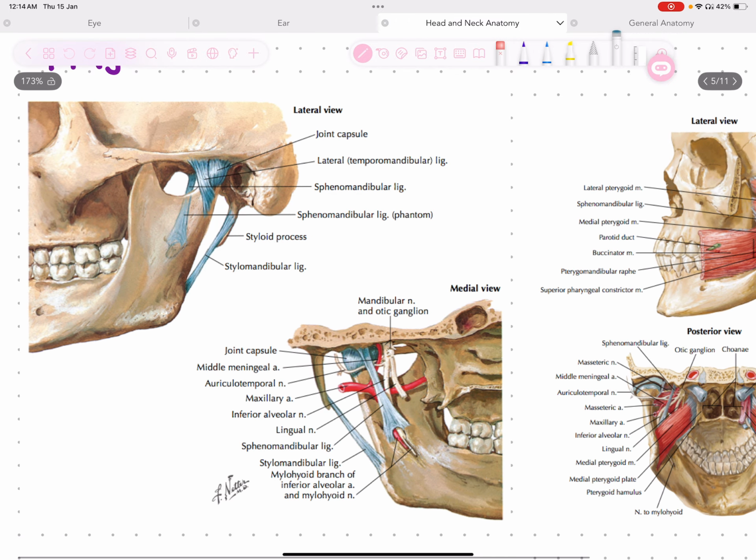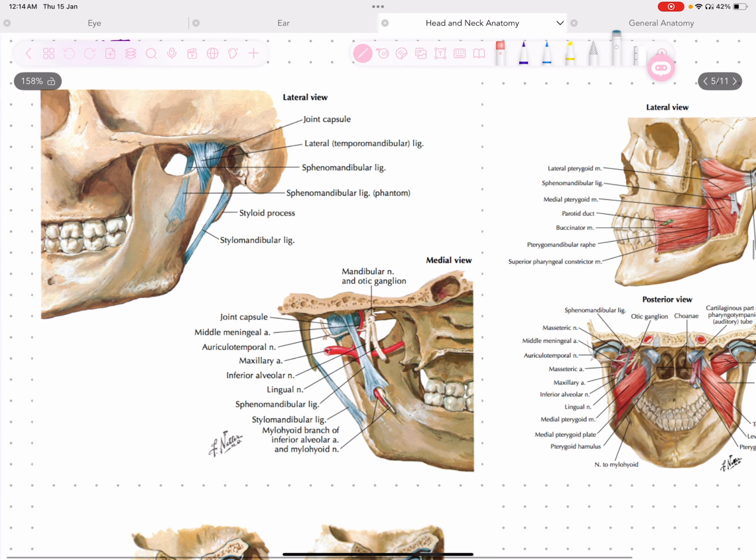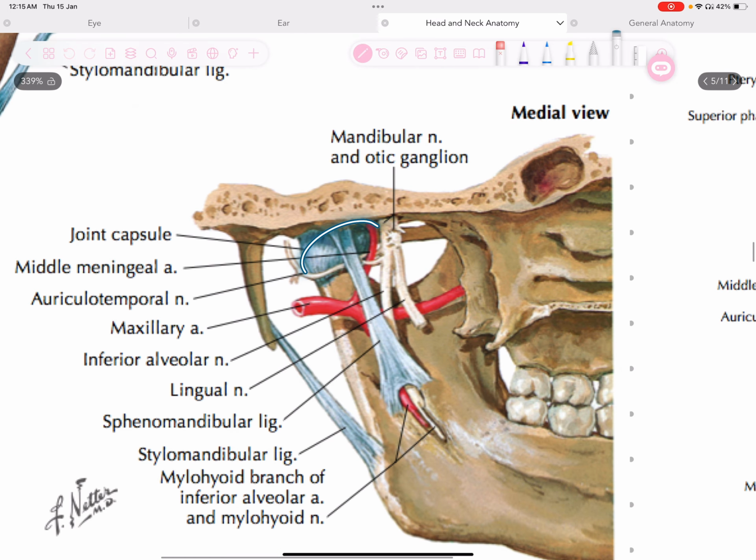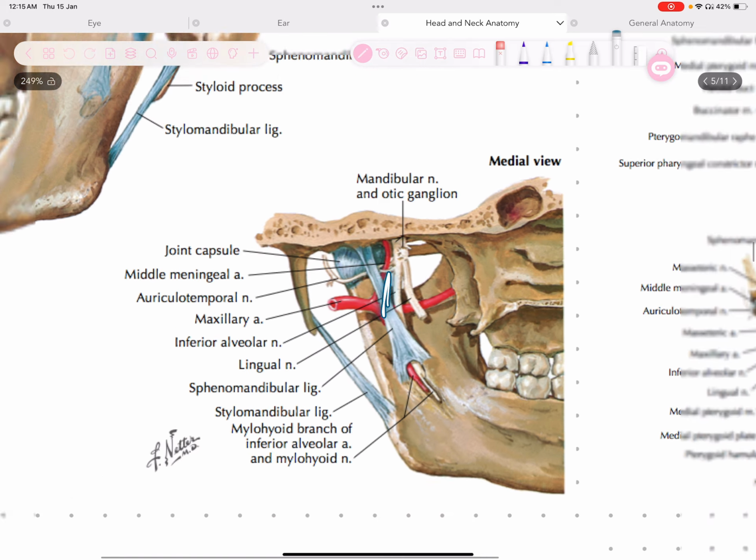Now you may be wondering, how's that true? See, this is the maxillary artery, this is the auriculotemporal nerve, right? And right here you can see this is the joint. So you can clearly see the maxillary artery and auriculotemporal nerve.